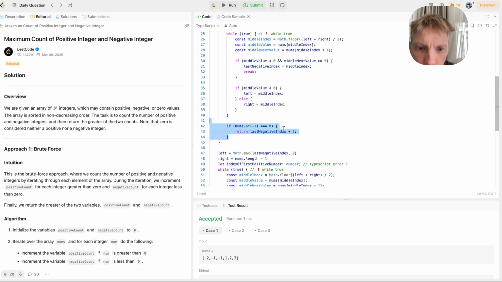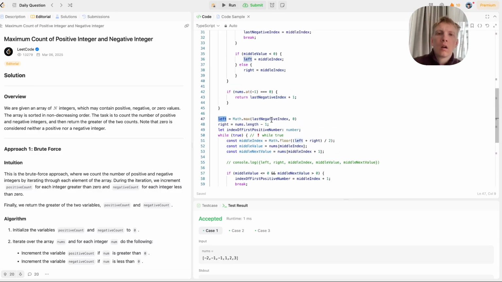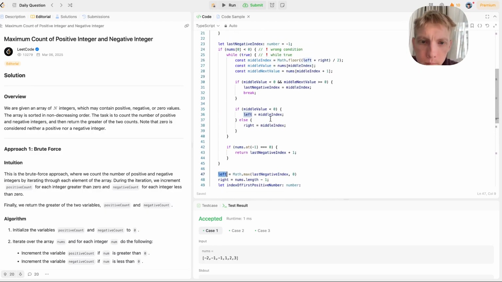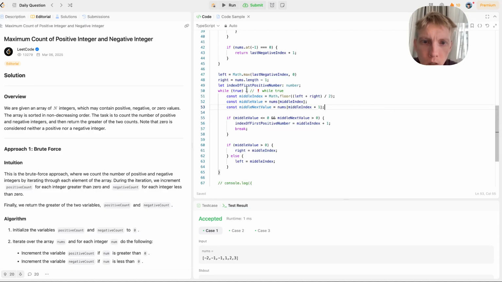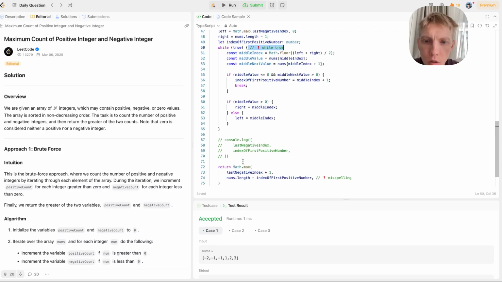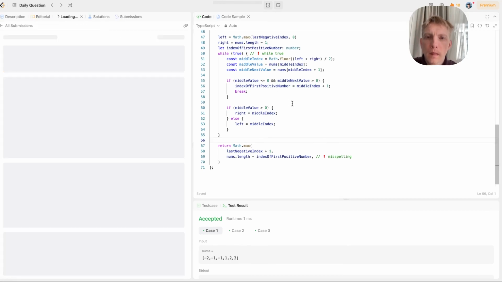And here we also have kind of small optimization. Here we don't have TypeScript error. Left. Right. Here's a mistake with while condition, and that's it. Okay, I think that can be the final solution.